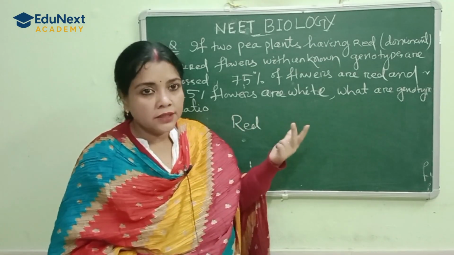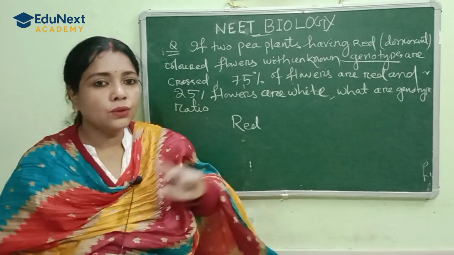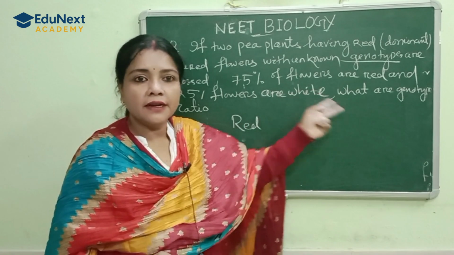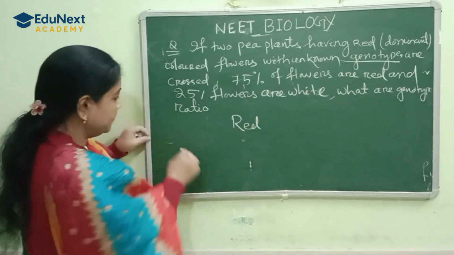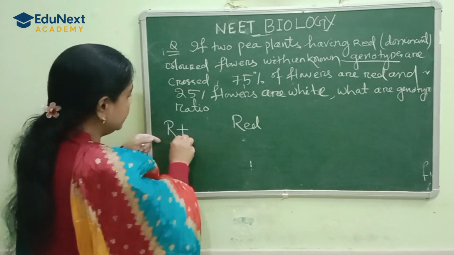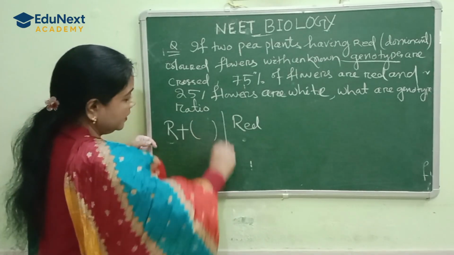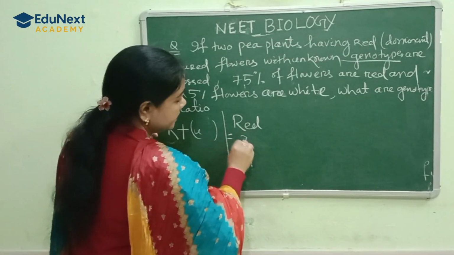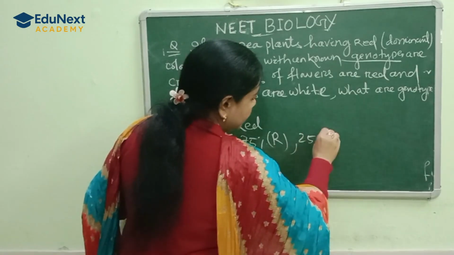Then the product, the offspring plants we don't know, but the output is 75% of flowers are red and 25% of flowers are white.